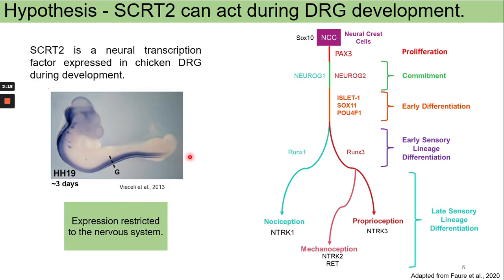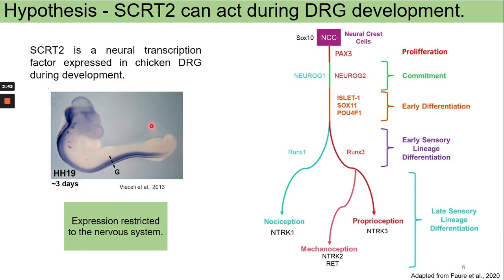So the hypothesis of my work is that SCRATCH2, that is a neural transcription factor that is expressed in chicken DRG during development. Here we can see the expression of SCRATCH2 restricted to the nervous system, so in the spinal cord and in the cranial ganglia. At this stage, we cannot see the DRGs yet.